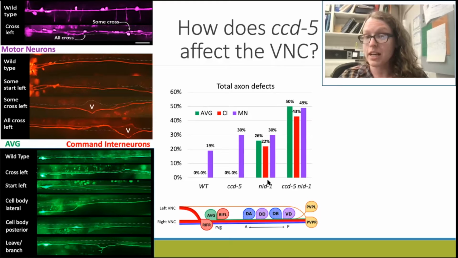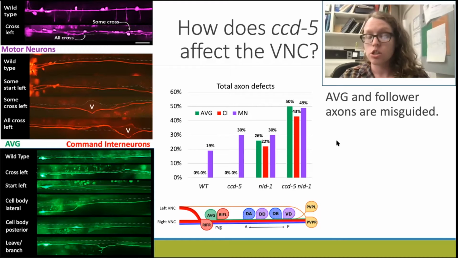So when we see nitogen 1, we see this lovely baseline 20 to 30% defects in everything. And in our double mutant, we see double everything. There's this huge amplification going on. So in conclusion, ABG and follower axons are legit misguided.